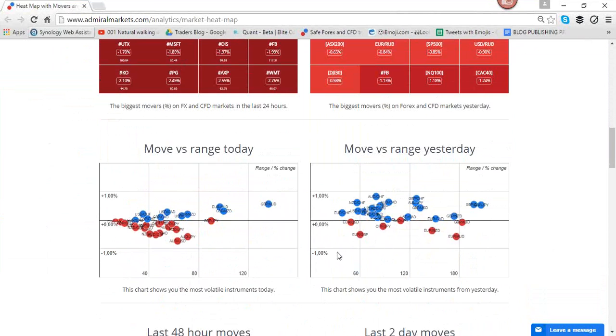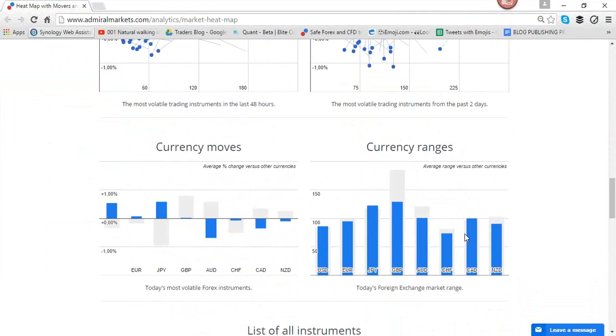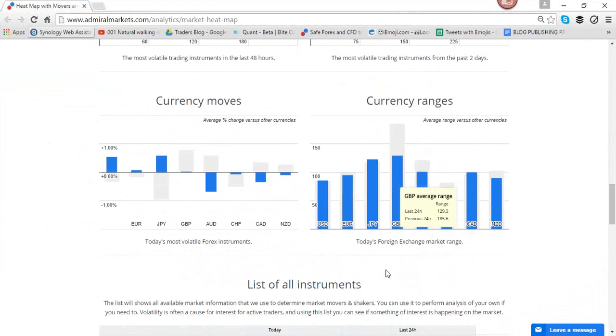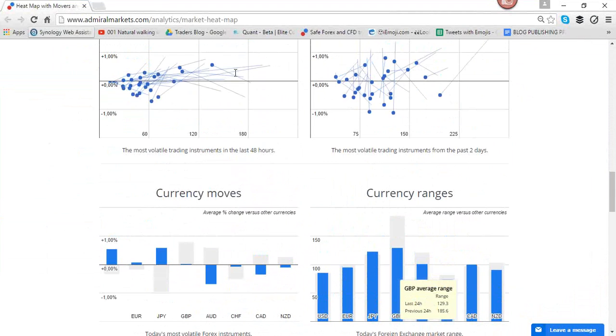If it goes above the 1%, then it's a big movement. We see a couple getting close, maybe the odd Swissy, pound Swissy. We see a lot of volatility on, well, guess what? The pound pairs, of course, as always. So that's a bit of a standard picture at the moment. Pound number one and dollar second to last. This is about as standard as we can get. That seems to happen a lot.